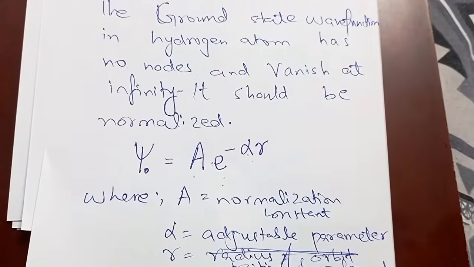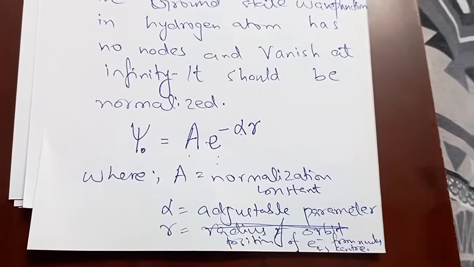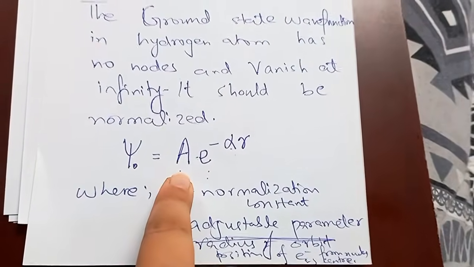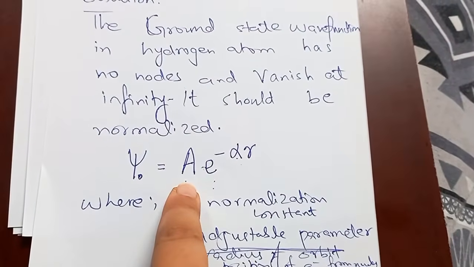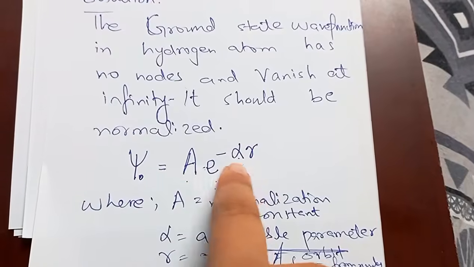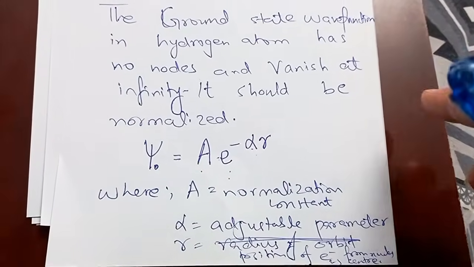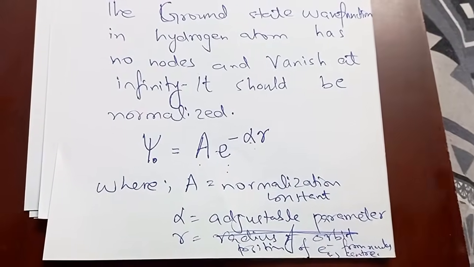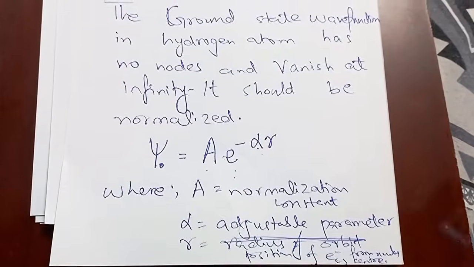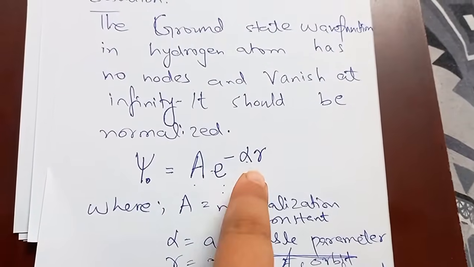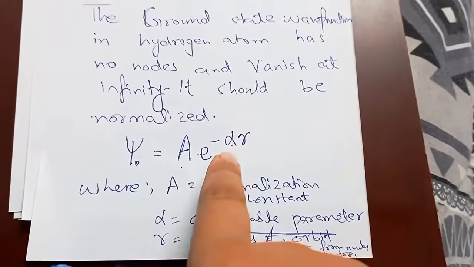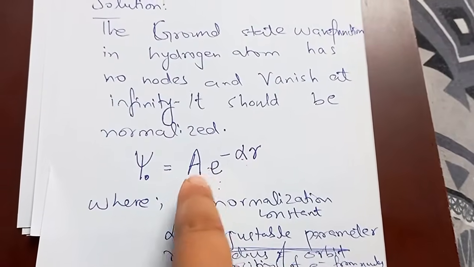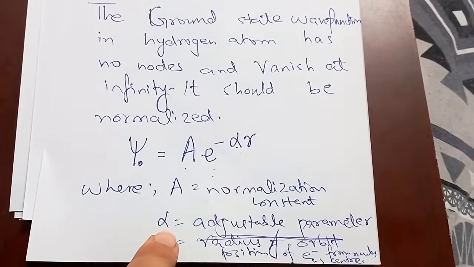Additionally, there is no angular dependence in the ground state wave function of the hydrogen atom. That is why we have not introduced any angle theta or phi in it. That is something that we know from classical physics as well. We'll be using spherical coordinates for its calculation.